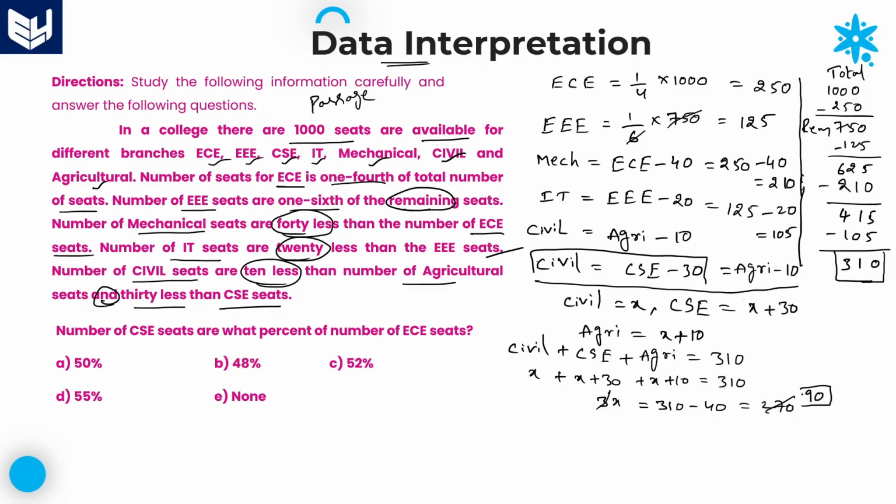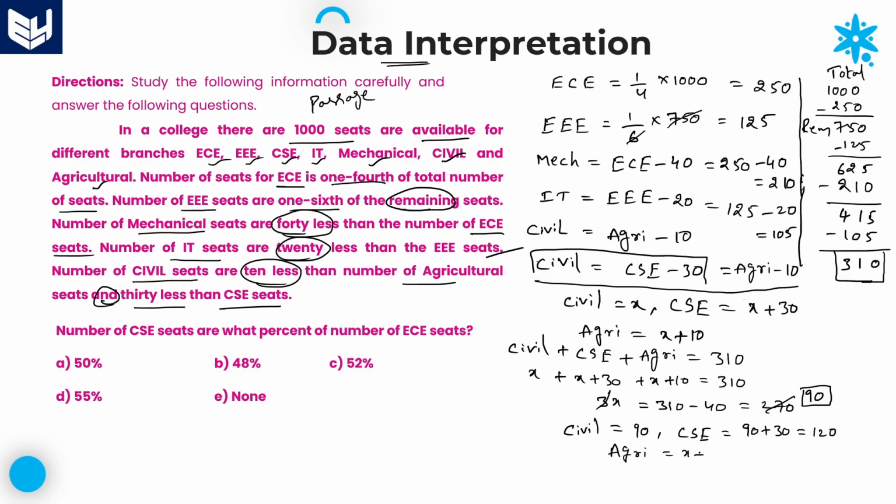Once you have x equal to 90, it is very easy to say how many seats are for civil, CSC, and agriculture. x is nothing but civil. Civil is equal to 90. Next, CSC is equal to x plus 30, that is 90 plus 30, 120. 120 seats for CSC. And finally, agriculture.